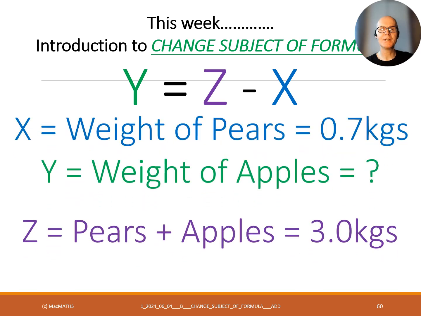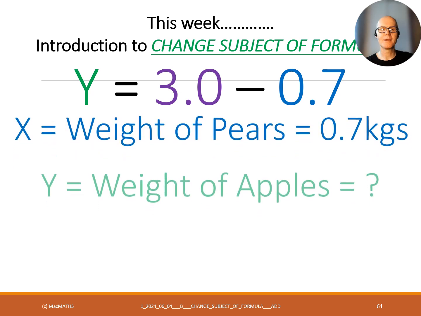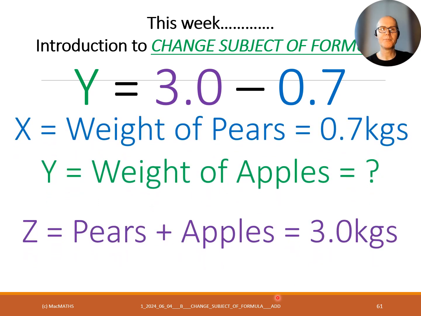Remember, this is our question. What's the weight of apples? Put the numbers in that we know. We know that Z, the weight of apples and pears, is 3 kilograms. We know that the weight of pears is 0.7 of a kilogram.